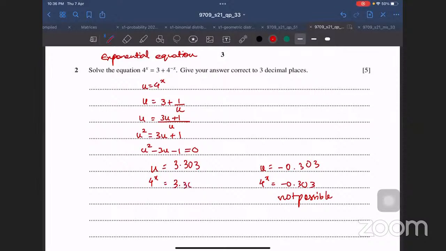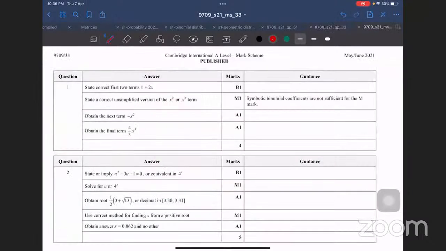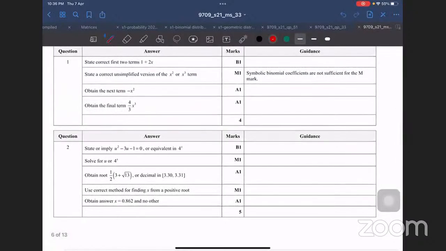To solve this, I use an ln on both sides. And I get ln 3.303 divided by ln 4. I might get a rounding off error here because I've already rounded off. Let's see. I get x equals 0.862. It's the correct answer.